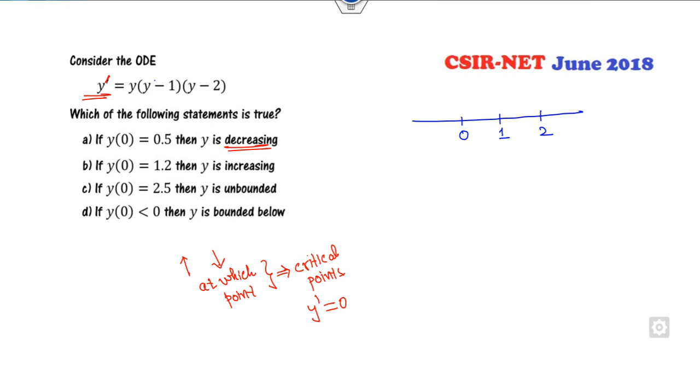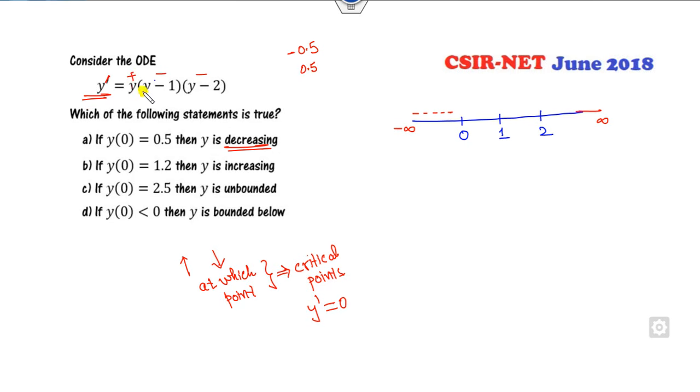Fine. Now we can check the nature. It's minus infinity, it's plus infinity. Whenever minus infinity to 0, take any value, say minus 0.5. This is negative, this is negative, this is negative, so the complete product will be negative. Take any number between 0 and 1, say 0.5.